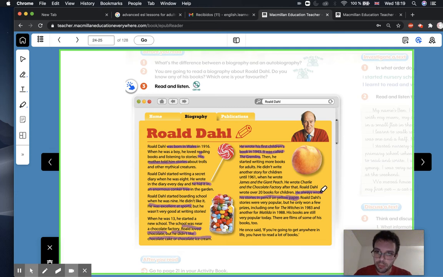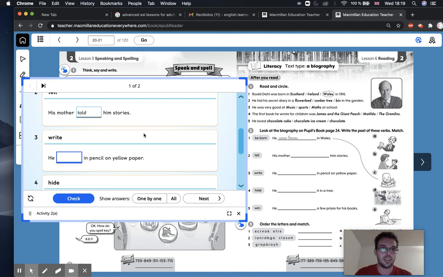He always wrote. Podemos ver la palabra aquí, wrote. So that's the verb in the past. He wrote in pencil on yellow paper. Make sure you write the answers in the correct space.